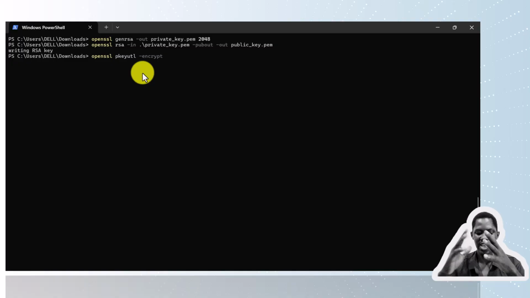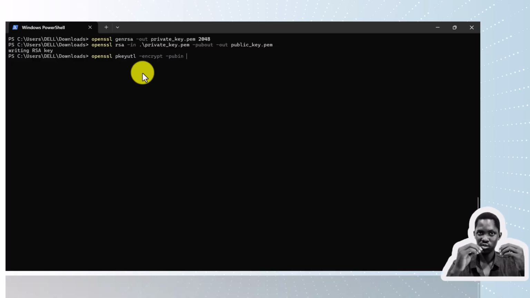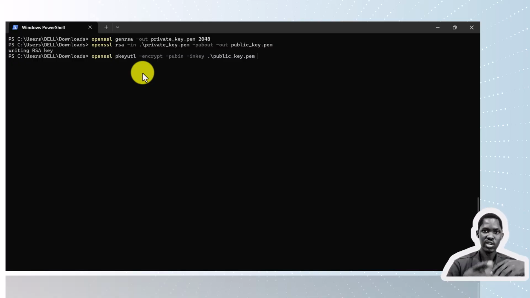I want to encrypt this particular thing, and I want to use a public key. So now I'm going to specify inkey, the input key, the public key itself. I'll specify the file, which is public key.pem. That's where it is located.